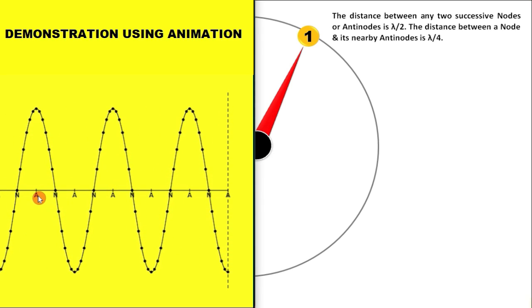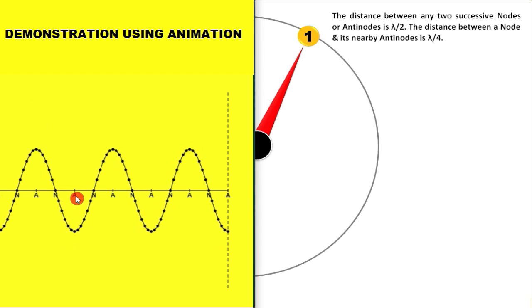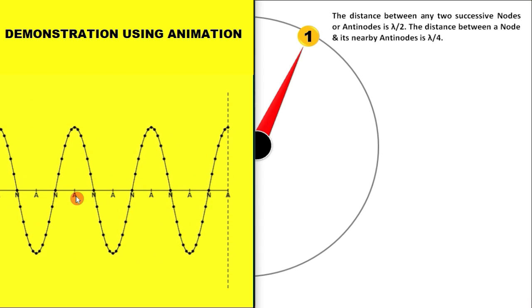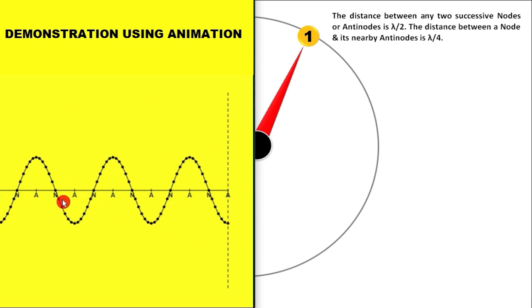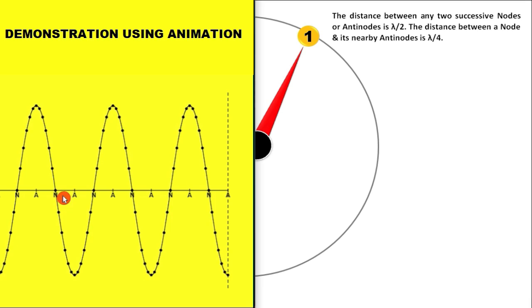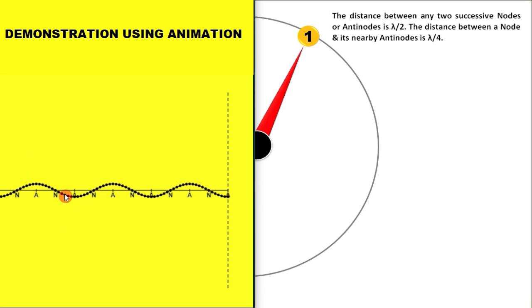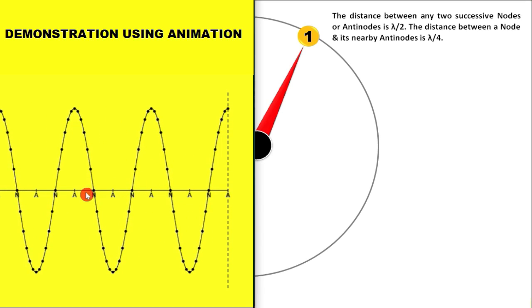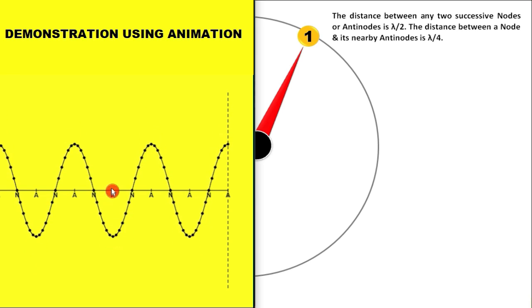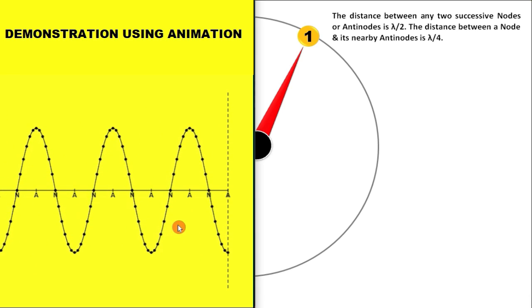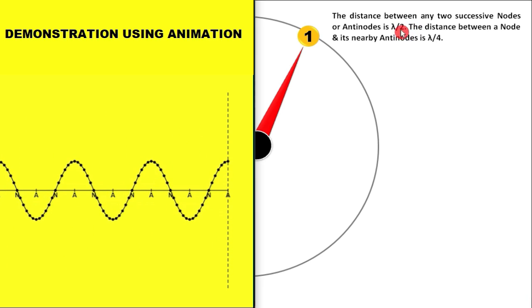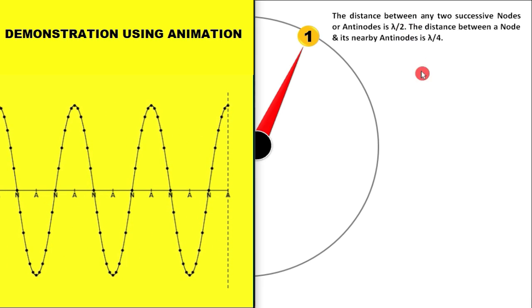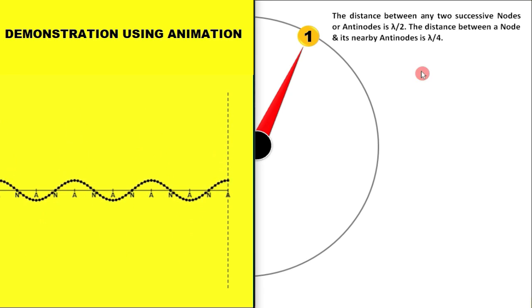Similarly, the antinode to antinode distance is also lambda by 2. From here to here lambda by 2, here to here lambda by 2. But the distance between any node and antinode is lambda by 4. Similarly, this distance is lambda by 4, this distance is lambda by 4. So they are equispaced, and the distance between two nodes or two antinodes is lambda by 2, whereas the distance between one node and one antinode is lambda by 4.